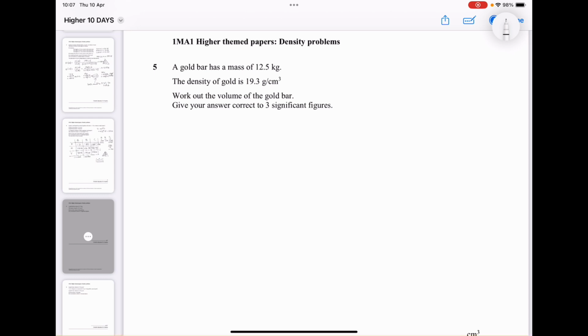So, first of all, density equals mass over volume. I want to find the volume, so volume equals mass over density. My density is 19.3, and that's grams per centimetre cube.